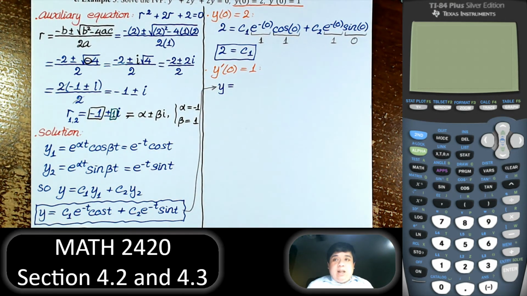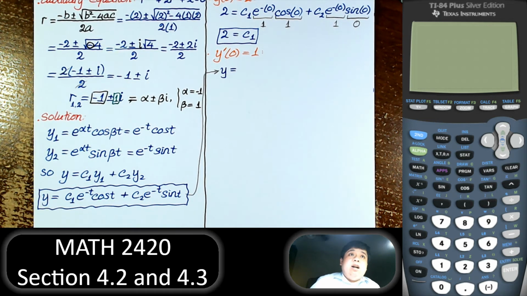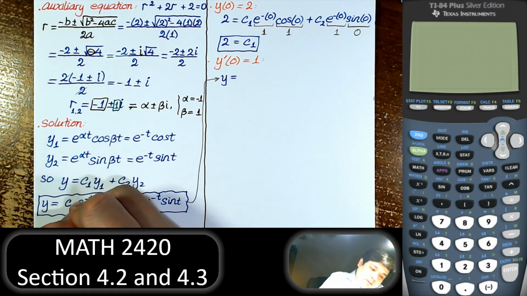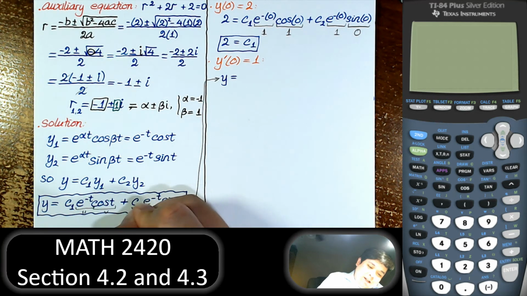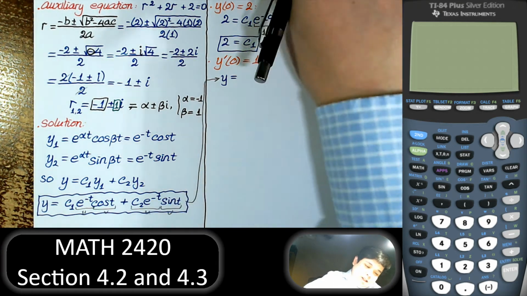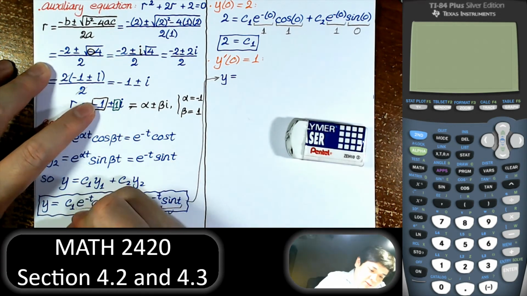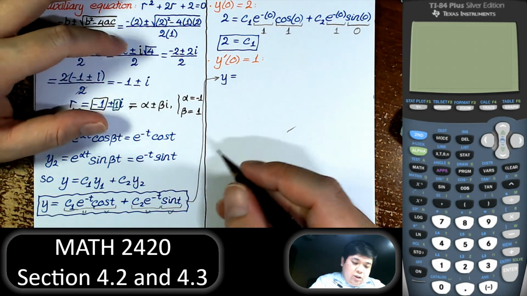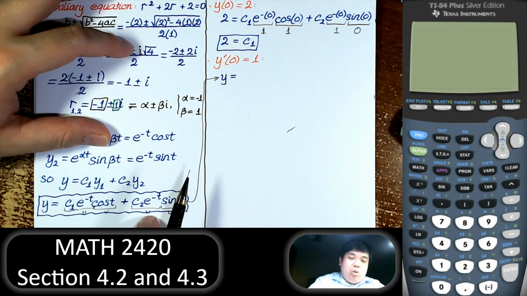Derivative of this is going to be product rule, uv, and then uv. So we use product rule, 2 of them, so 2 product rules.